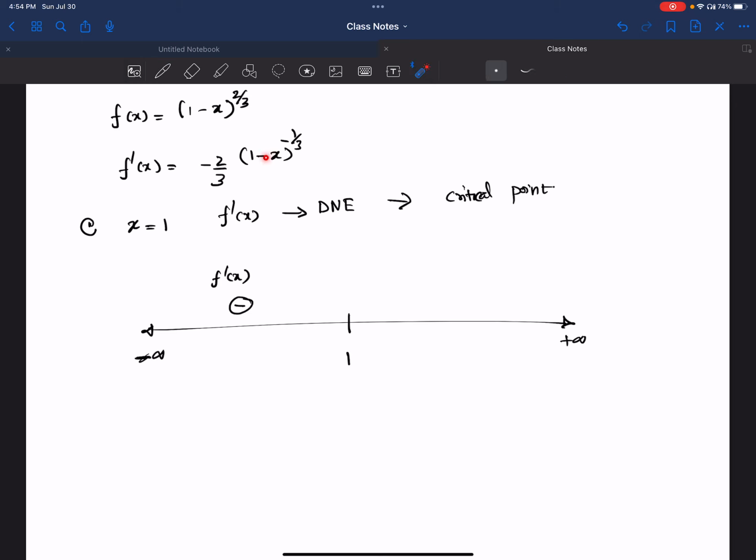We put 2, and it's going to be negative 1, so with the negative sign in front, this is a positive value. So the function is decreasing here and increasing here. That means at 1 it is a minimum. It is a point where f prime of x does not exist, but you can still find whether that critical point is a minimum or maximum.